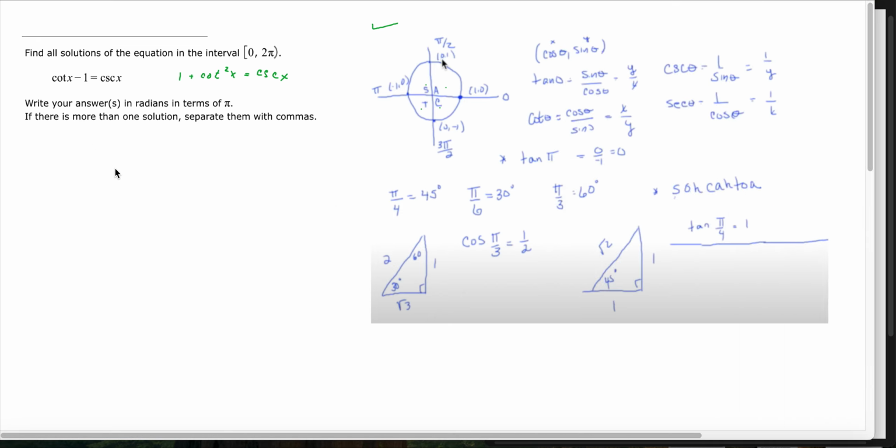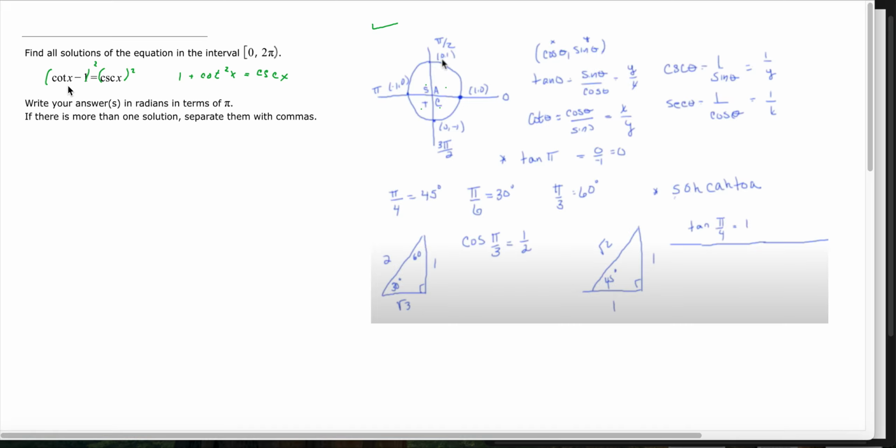This equation is going to be a lot easier to solve if I have it all in terms of one function. So since the Pythagorean identities deal with squared functions, I'm going to go ahead and square both sides of the equation, and then that will enable me to make a substitution with the Pythagorean identities.